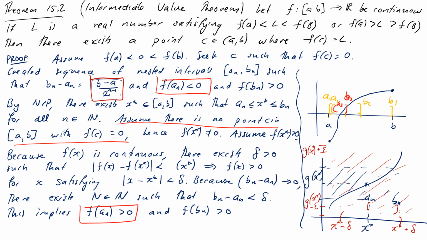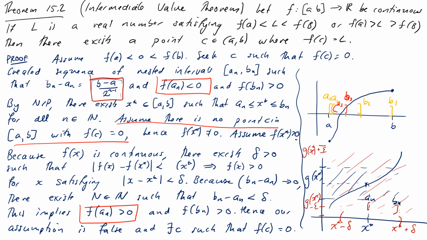That's a contradiction, and so our assumption that there is no point C is false, and there exists C such that f of C is equal to 0.